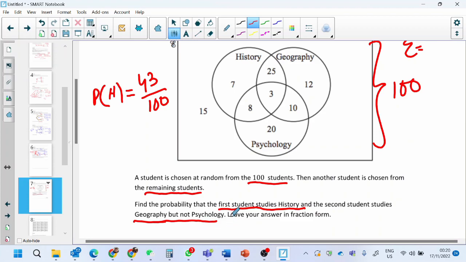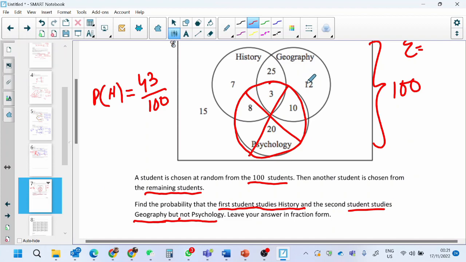So you do not have to include the students who are studying psychology. You have to include only those students who are studying geography, not psychology. So you do not have to include this one, right? So not psychology and studies geography.